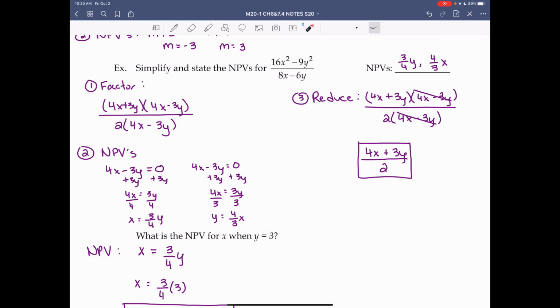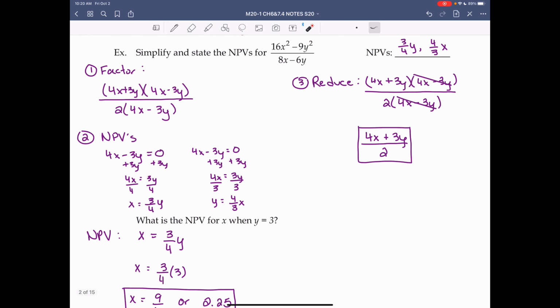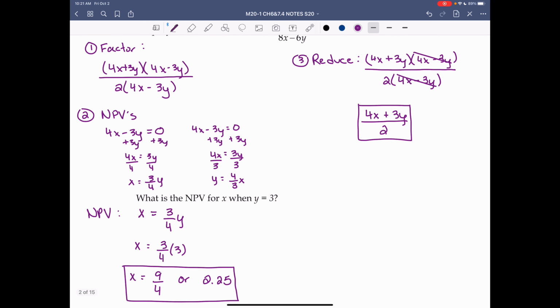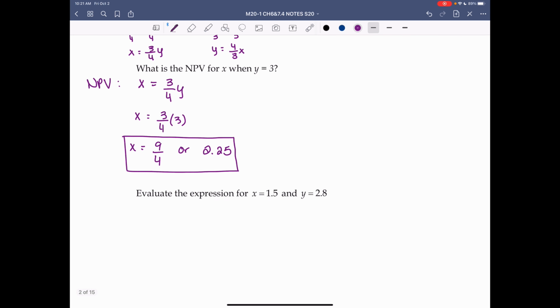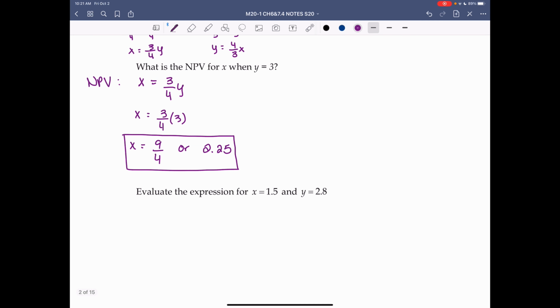Okay, so we're going to plug it into our original function there, 16x squared minus 9y squared divided by 8x minus 6y. So plugging it in, we have 16 times 1.5 squared minus 9 times 2.8 squared divided by 8 times 1.5 minus 6 times 2.8.